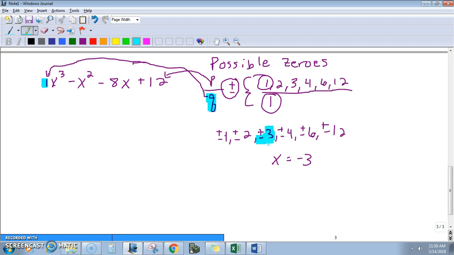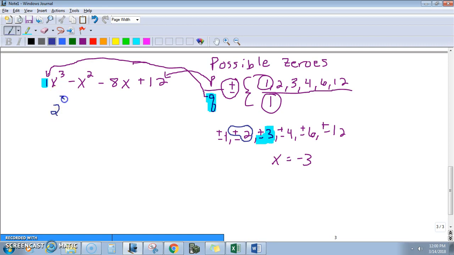Otherwise, what we would have had to do, which you do have to do on the test, is, let me show you how to do that. We pick one possibility, like let's just pick positive 2, okay? We pick positive 2, and then we substitute it into our relationship. So everywhere I see an x, instead I put positive 2.